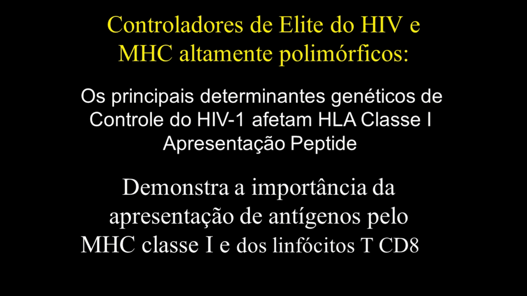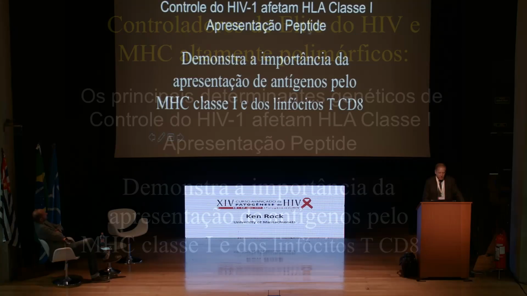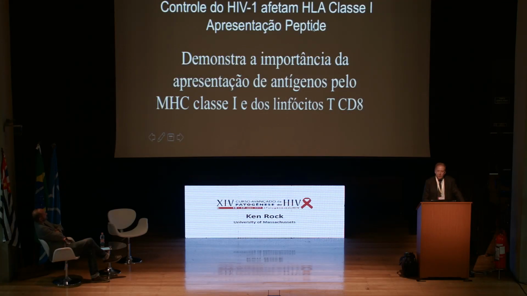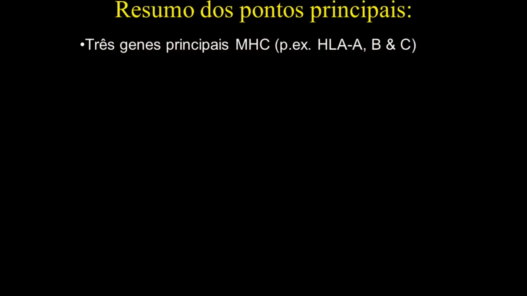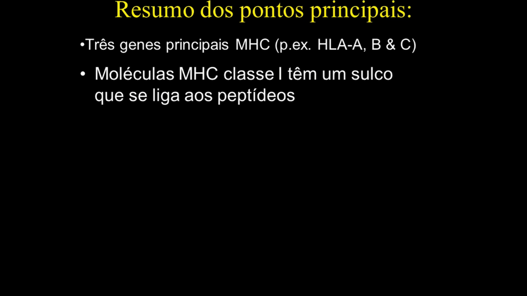Based on this sort of analysis, the principal genetic determinants that allow these individuals to control the virus is MHC Class 1. And the mechanism, we believe, is MHC Class 1 antigen presentation. And this, I think, is among the evidence that shows really the importance of this. So the key points here: there are 3 different MHC class 1 molecules that are responsible for displaying peptides.